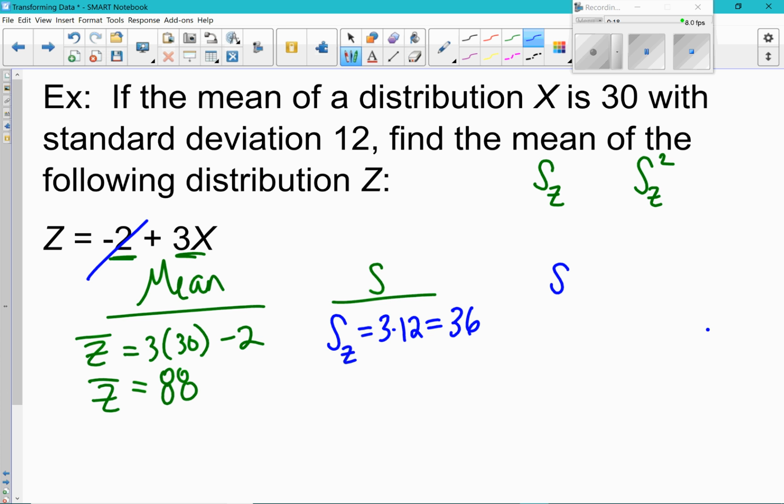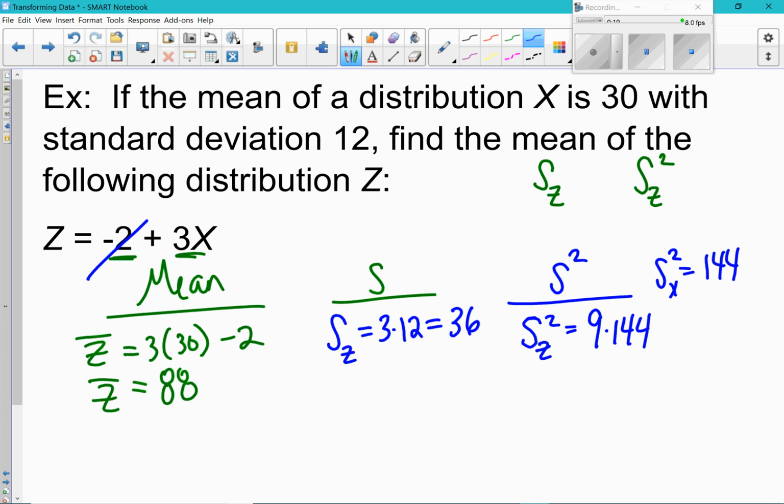And the variance, in the same regard. I take the old variance and multiply that by the square. So remember, the old variance of x would have been 144. This is a little bit different. The new variance would be 9 times 144, because you have to square the 3.